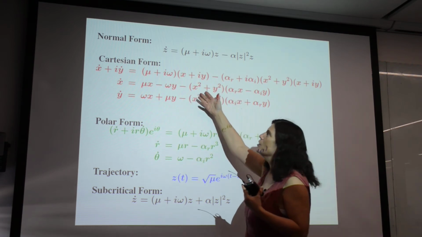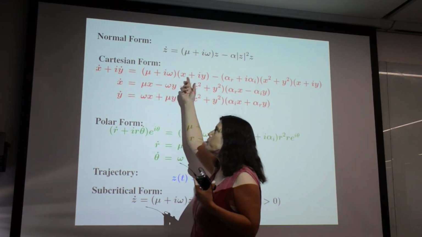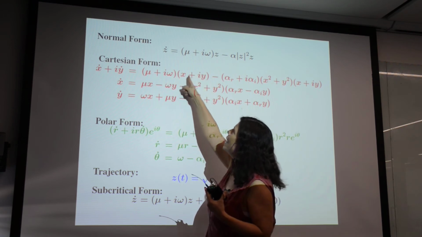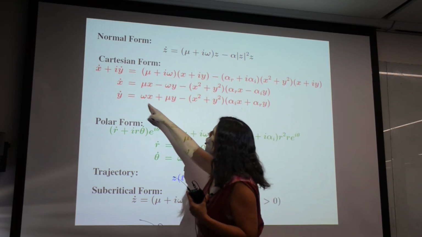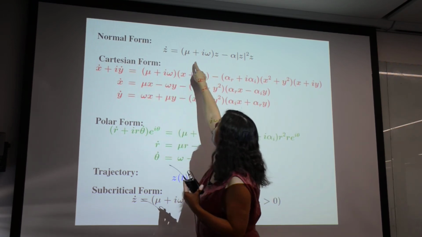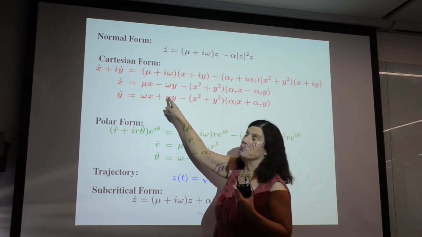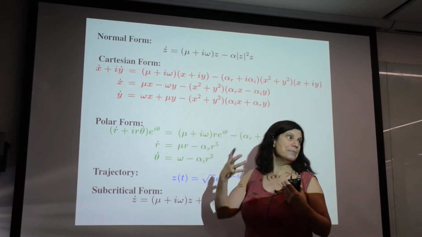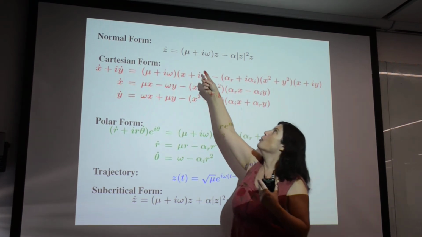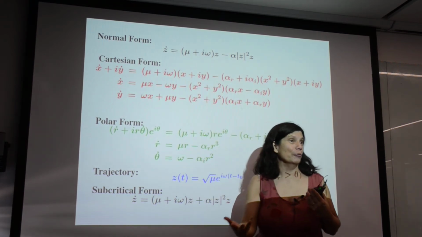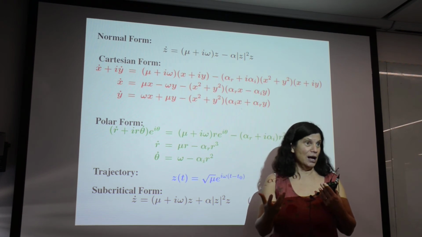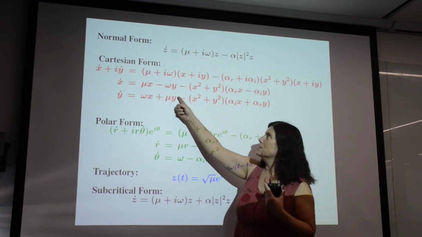In the Cartesian representation of that, you would have this as the linear part, and you'll recognize that: mu, minus omega, omega, mu. You recognize that as the matrix representation of mu plus i omega from before, when we talked about exponentiating matrices with complex eigenvalues.